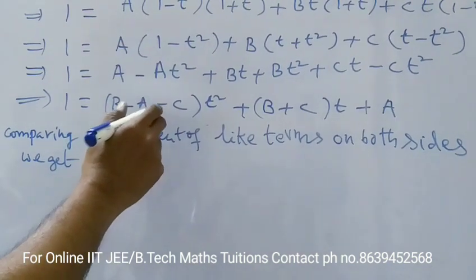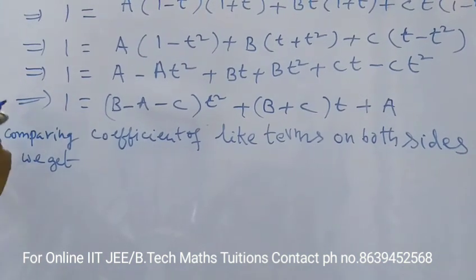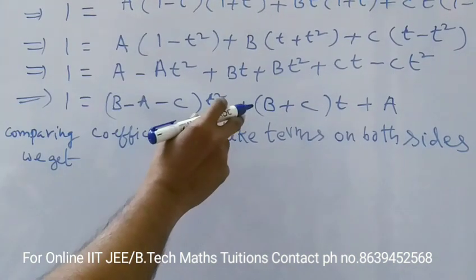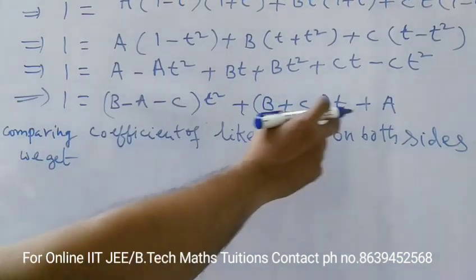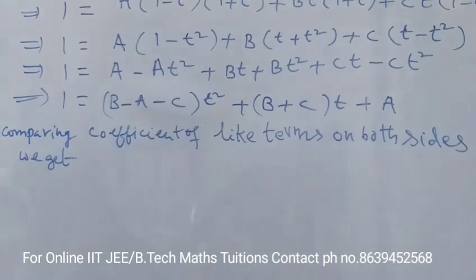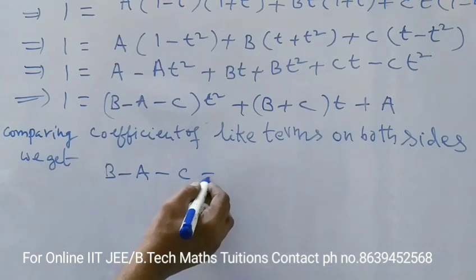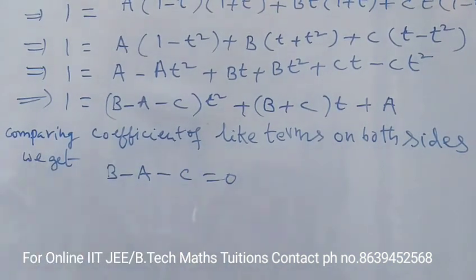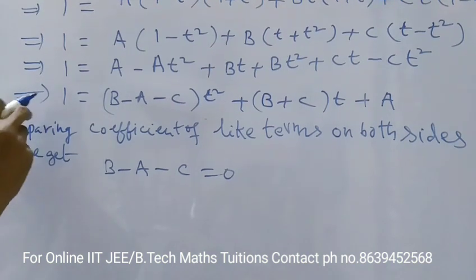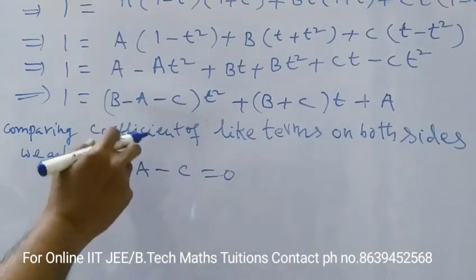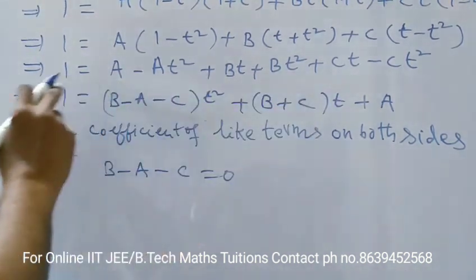On the left side no square term is there and no t term is there. Only a constant term is there, that is a is equal to 1. So b minus a minus c is equal to 0, because 0 plus 0 plus 1: the t square term is 0, the t term is also 0 and the constant term a is equal to 1.